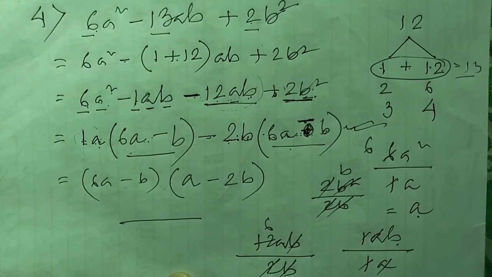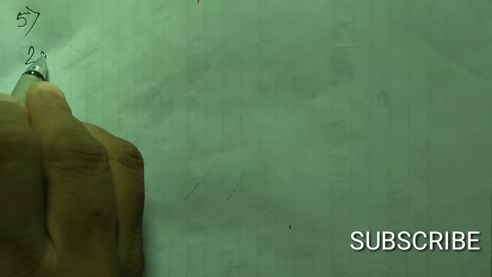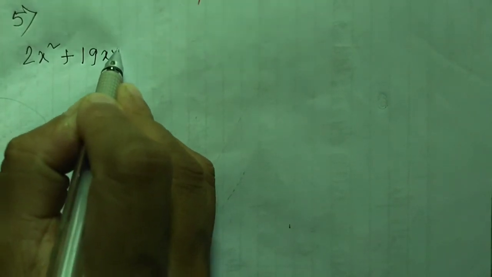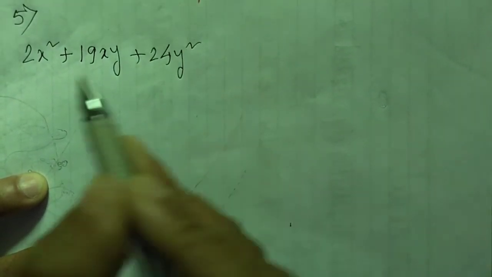Understood? Let us move to our last question. Question number 5. Question number 5 is 2x square plus 19xy plus 24y square.